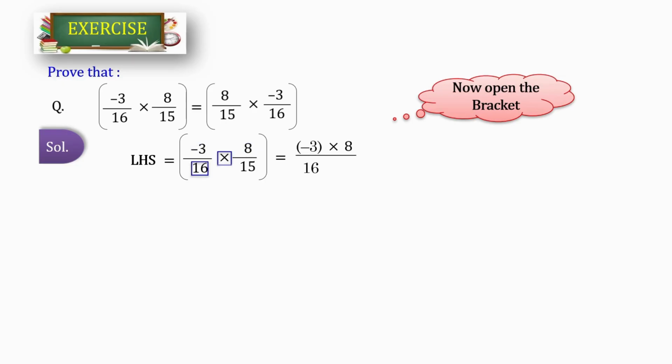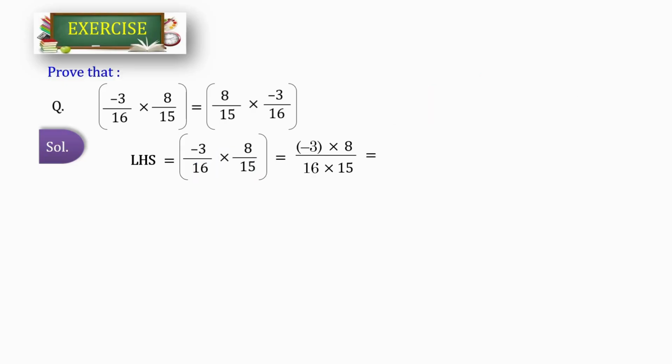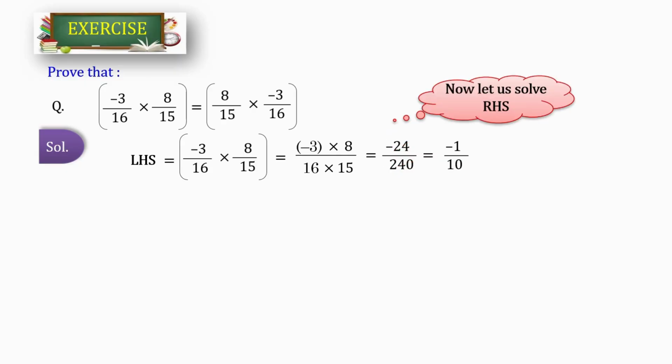Now we need to multiply the numerators and then the denominators. So after simplification we got minus 1 by 10. Now let's solve the RHS, that is the right hand side.